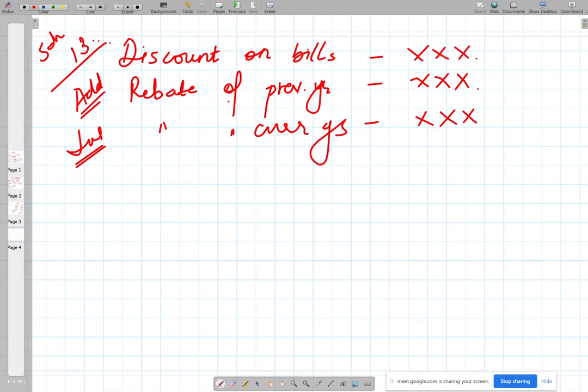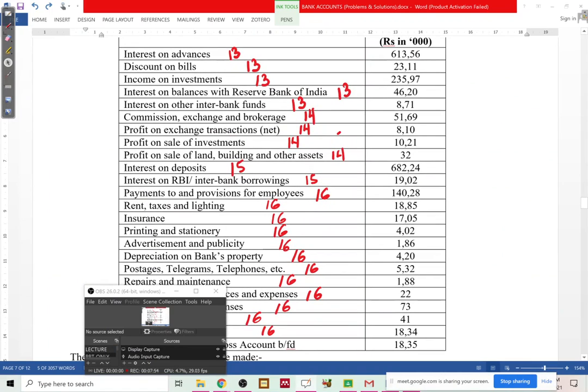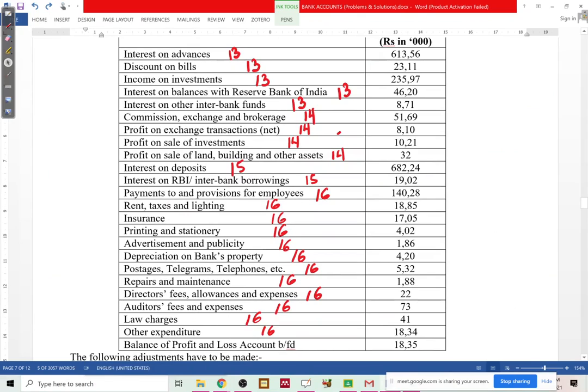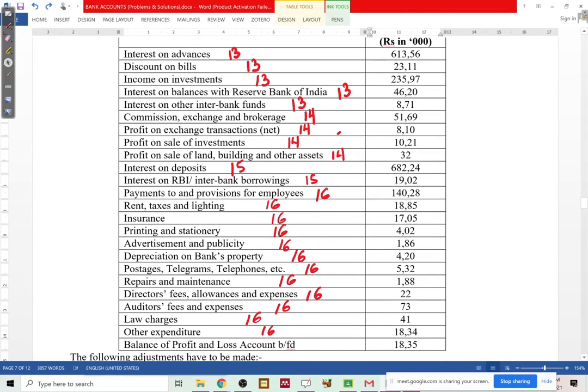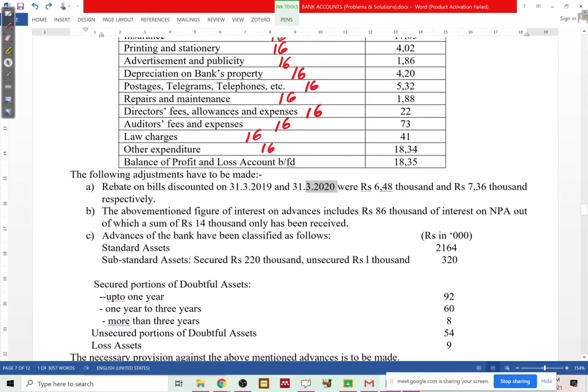Whenever a problem is given with such adjustments, this is how we arrive at the total of discount on bills. For example, if discount on bills given in this problem is 2311, to this amount we will add the rebate of the previous year, and we will minus what belongs to the current year.